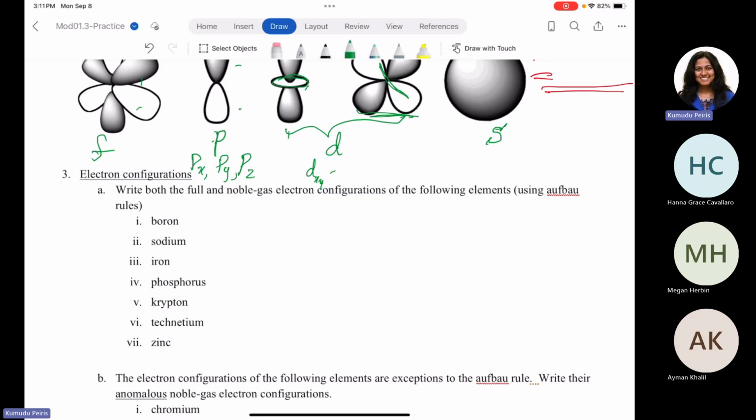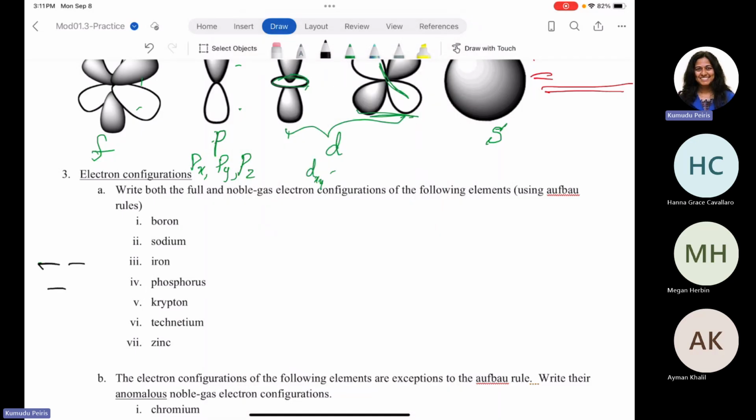Next, we are now trying to write the electron configuration. When you are writing the electron configuration, you should follow 3 different principles: the Aufbau principle, Hund's rule, and the Pauli exclusion principle. The Aufbau principle tells you that you should fill the electrons first into the lowest energy.